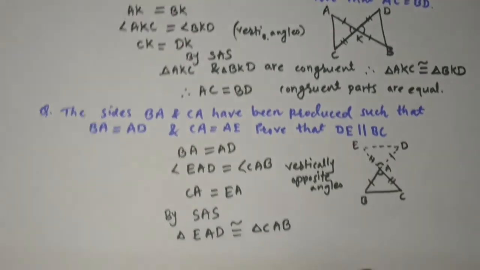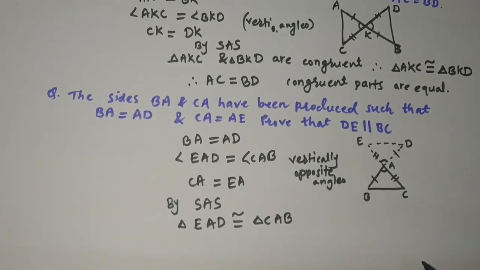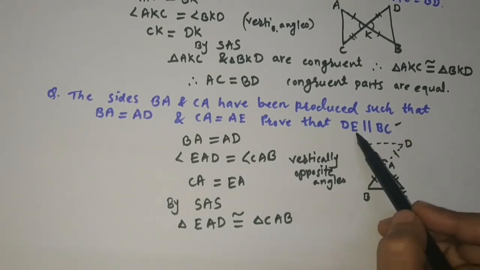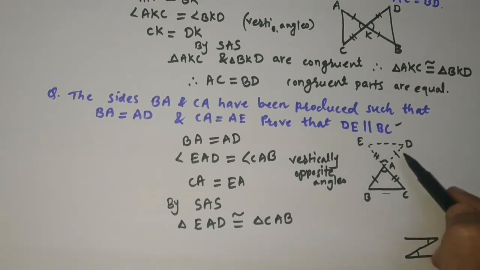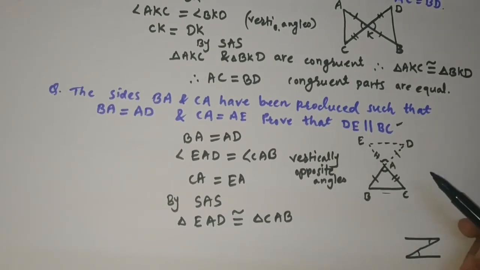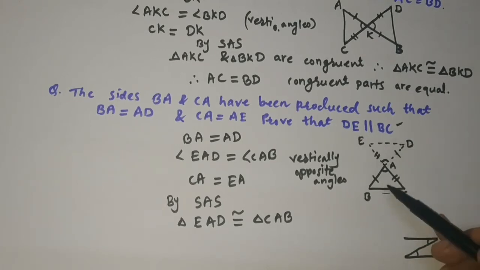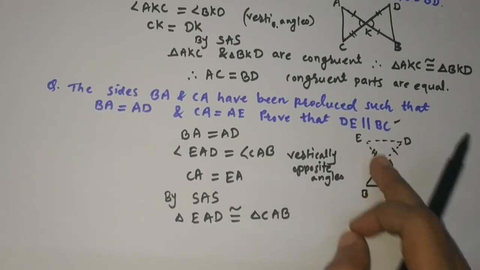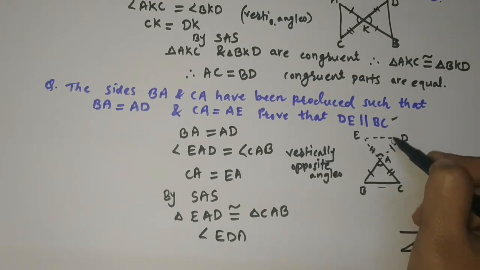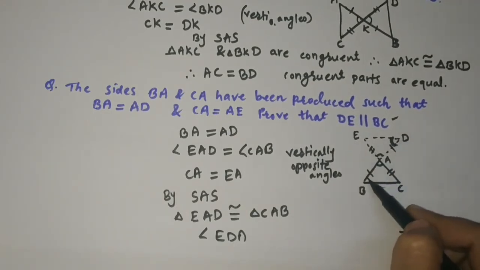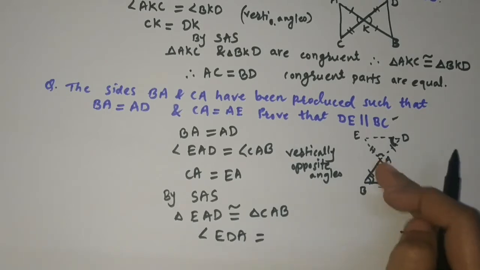And once the two triangles are congruent, I can write down their corresponding parts. I want to prove the two lines, ED and BC, are parallel. For lines to be parallel, we need to show that their alternate angles are equal. So once these two triangles become congruent, I can write angle EDA is equal to angle ABC.